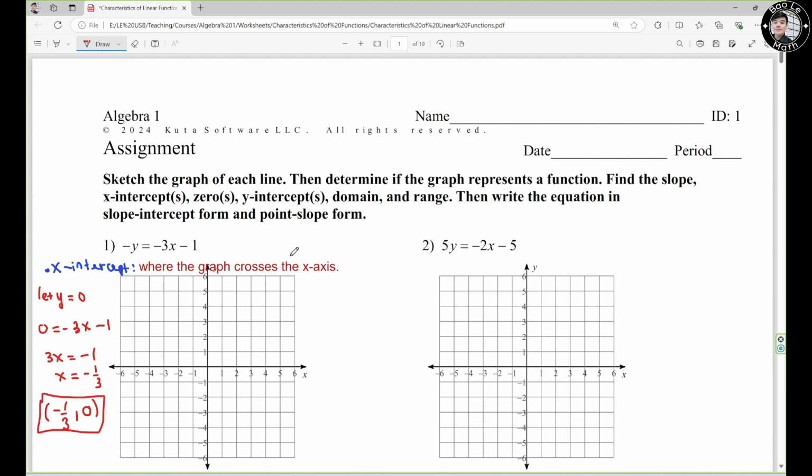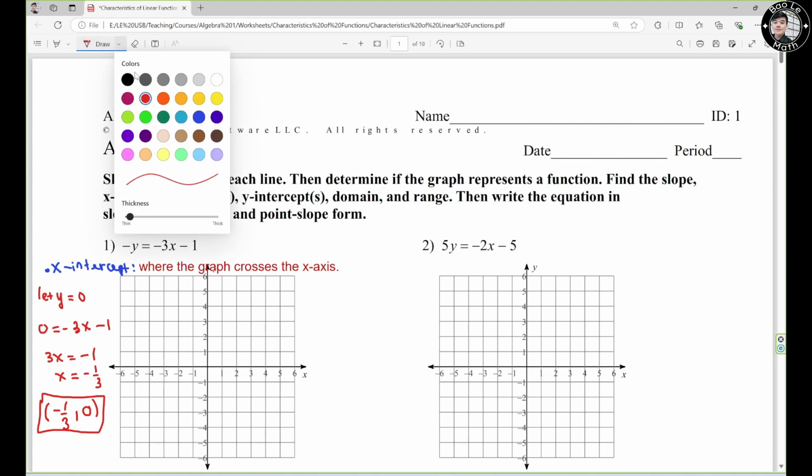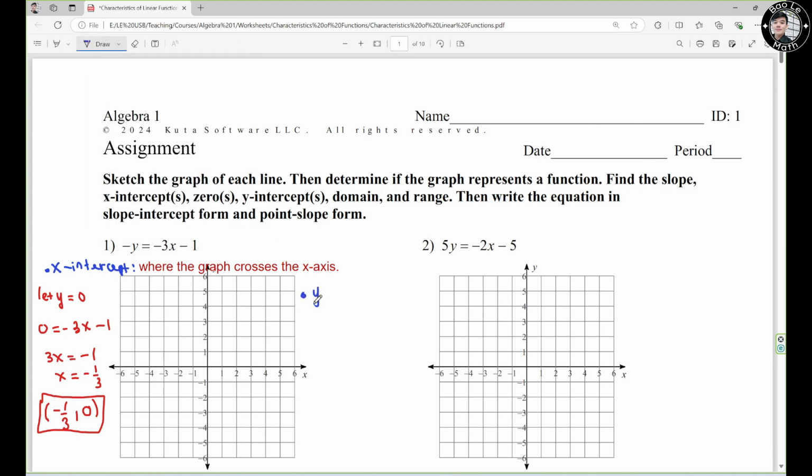Now, we need to find the y-intercept. The y-intercept is where the graph crosses the y-axis. In order to find the y-intercept, we're going to let x equal 0.